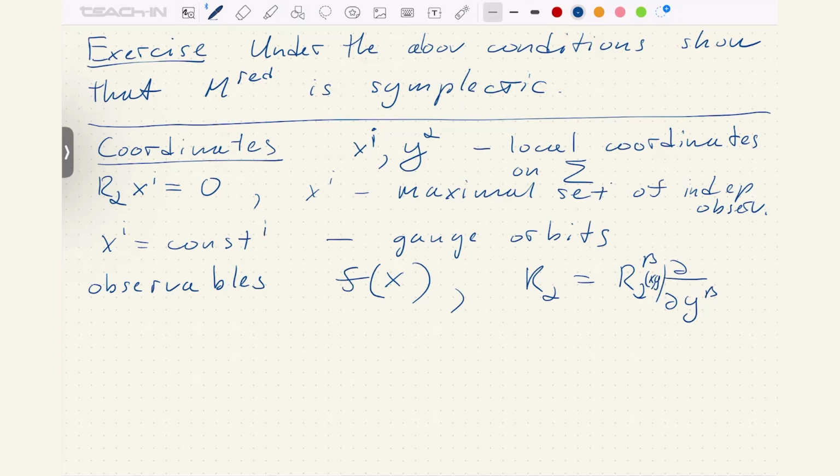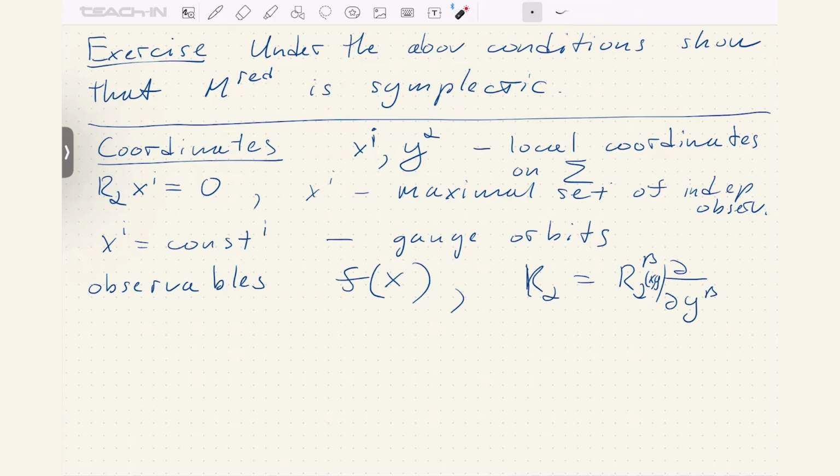But what is important is that these vector fields R alpha differentiate only with respect to y, because if they differentiated with respect to x, they would have a term also d over dx, and this would violate this assumption, right? So that's what R alpha look like.